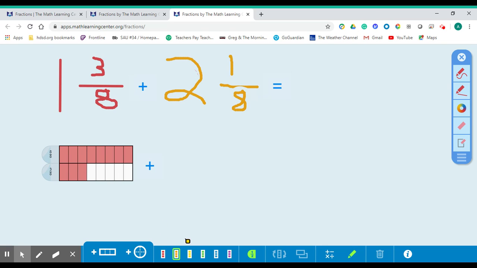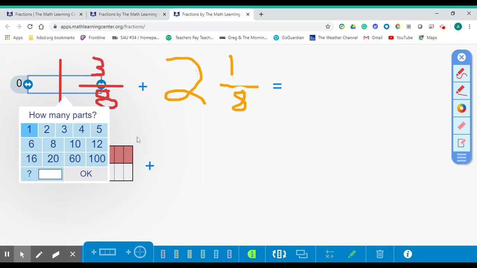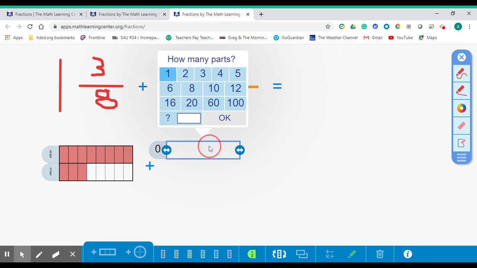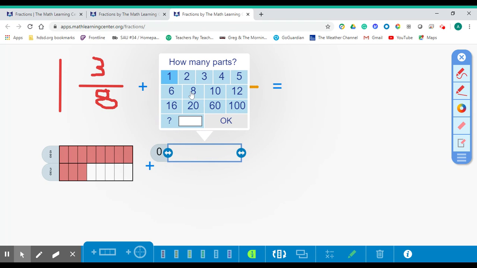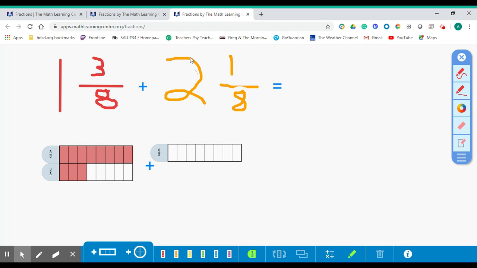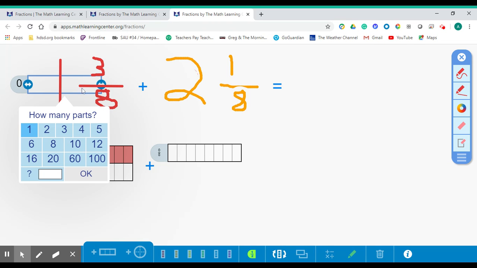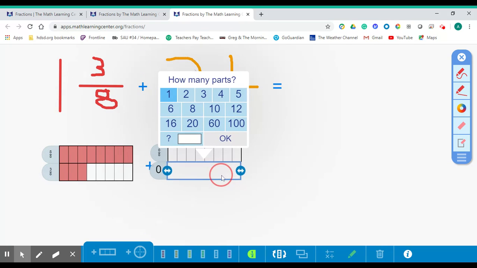And we're going to do the same general thing to this next one. So our denominator is still 8. So we're going to put that in. And now we have 2 here. So we're actually going to have to put 2 of these. Whoops. Let me delete that. Still getting used to this program, so we're going to have 2 of these, and they're both going to be 8.